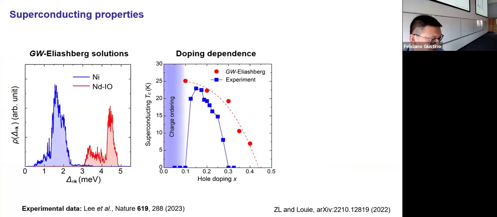Yes, that's a very good question. First of all, experimentally, there is a lot of uncertainty too. This material is known to be not very clean. There are many defects, so that affects it. Also, theoretically, there are doping-dependent effects that we may not be able to capture.